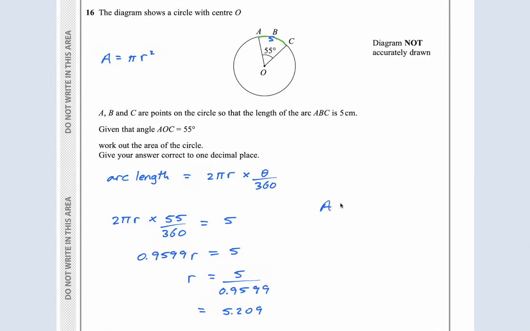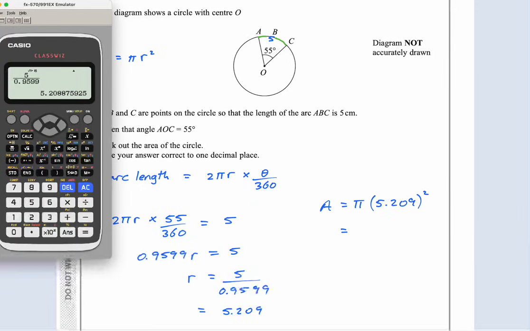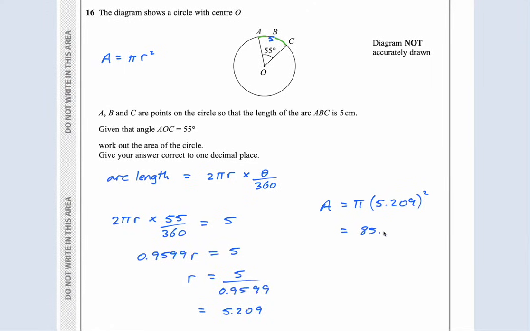Now the area of the circle is just pi times 5.209 squared. 5.209 squared, times pi, is equal to this, 85.2429, but he wants it to 1 decimal place.